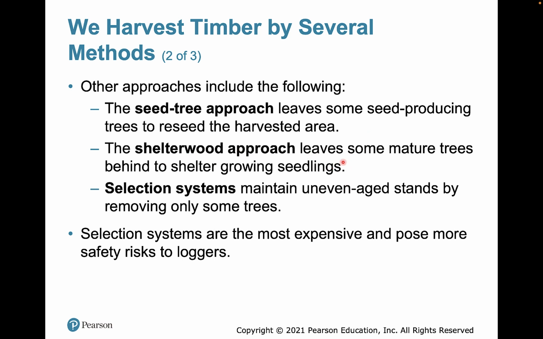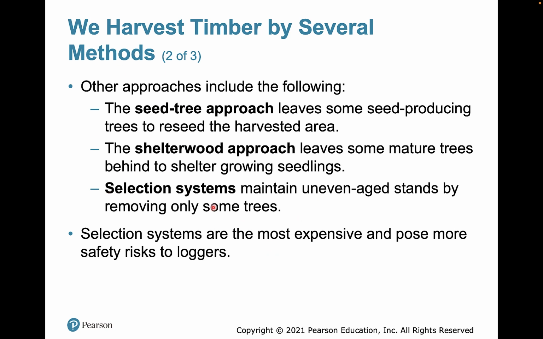You can use something called the shelterwood approach, which leaves some mature trees behind to shelter those growing seedlings. So that's another way. And the other idea is a selection system. So selection system is, instead of doing a clear swath and then planting trees back all at the same time to get the even-aged stand, you do the uneven-aged stand. So you go in and you select certain trees.